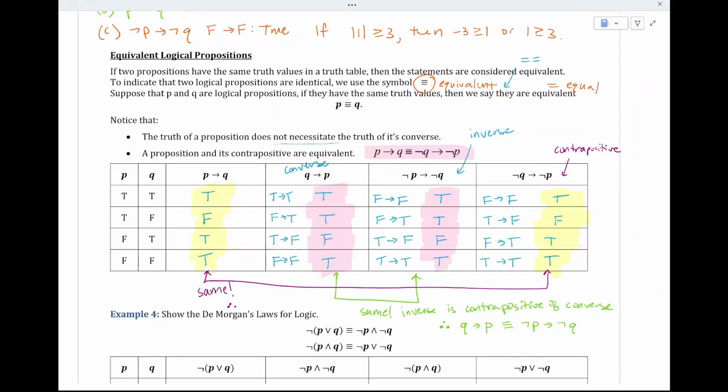So therefore, P implies Q is equivalent to not Q implies not P. So here we've established that a logical proposition and its contrapositive are equivalent. And we've also established that the inverse is the contrapositive of the converse, and so those two are also equivalent statements.